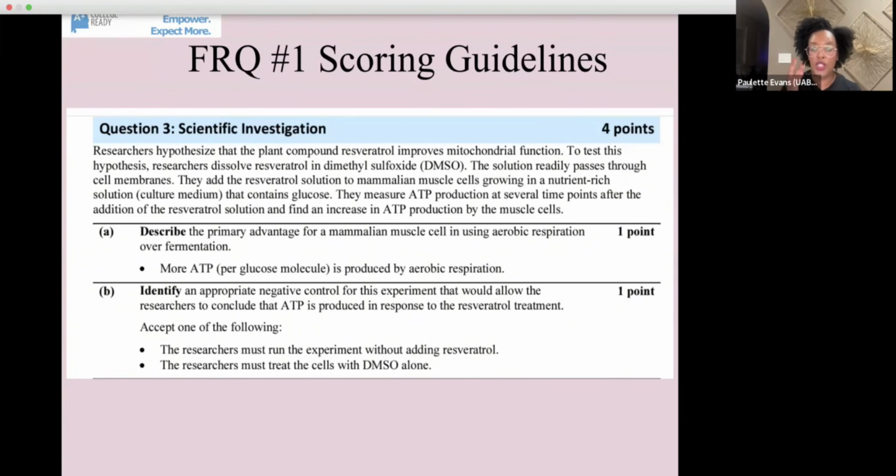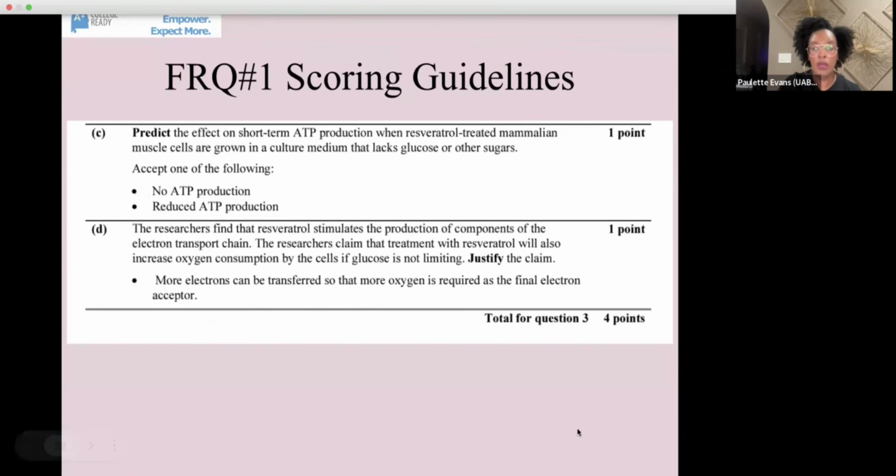Those would be two acceptable negative controls for this particular experimental setup. C, predict the effect on short-term ATP production when resveratrol-treated mammalian muscle cells are grown in a culture medium that lacks glucose or other sugars. Two answer choices could be accepted here: no ATP production or a reduction in ATP production. And that one is pretty straightforward as well.